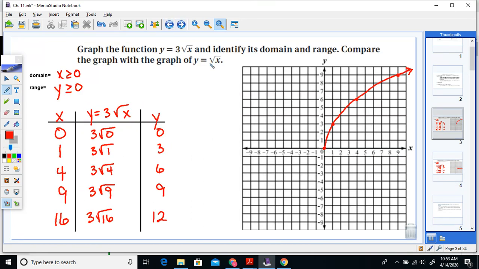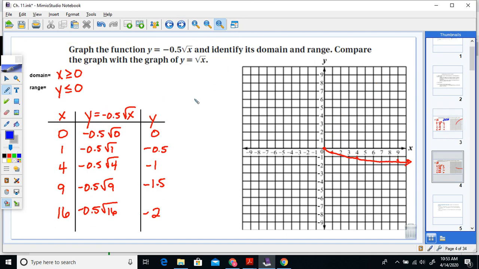So let's go back here. A is bigger than 1 right here. So this means this is a vertical stretch by a factor of 3. And the second one, we have a negative, so we know that negative reflects it across the x-axis.